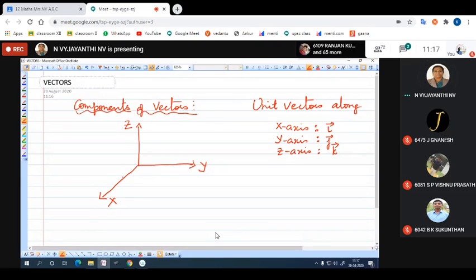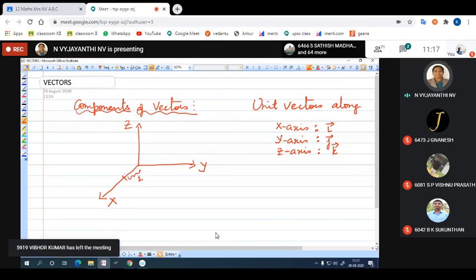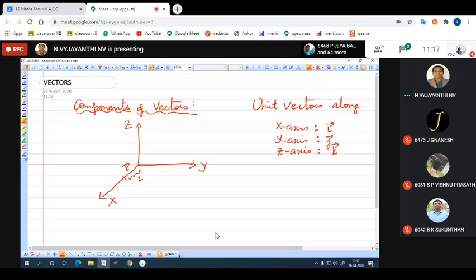If you consider a vector whose magnitude is 1, and it is in the direction of the x-axis, then that unit vector, whose direction is along the x-axis and whose magnitude is 1, will be taken as i vector. Understood?